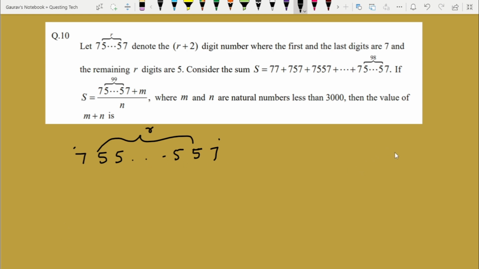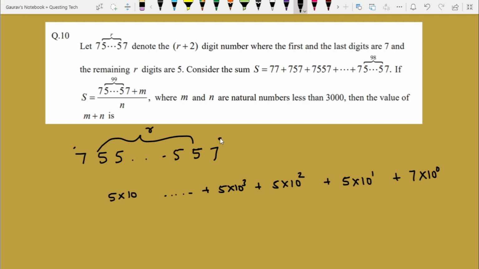How do we represent it like this? 7 multiplied by 10 raised to power 0, plus 5 multiplied by 10 raised to power 1, plus 5 multiplied by 10 raised to power 2, plus 5 multiplied by 10 raised to power 3, plus... Now at the end, what will we write? 5 multiplied by 10 raised to power what?